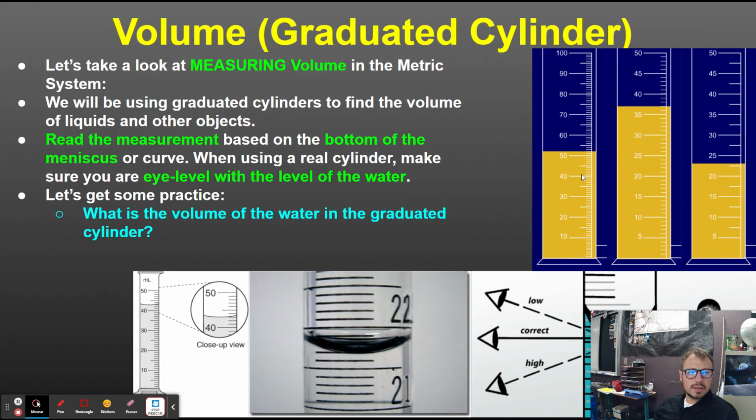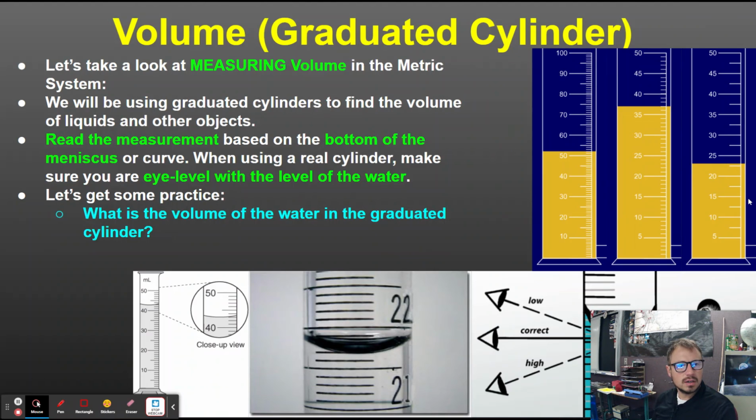So let's take a look at these three over here. This first one, you can see that every one of these little dash marks is going to be 1 milliliter, and it's right on 52 milliliters. That would be the first one. Now that middle one, you can see that the scale has changed a little bit. So 35, 36, 37 milliliters.